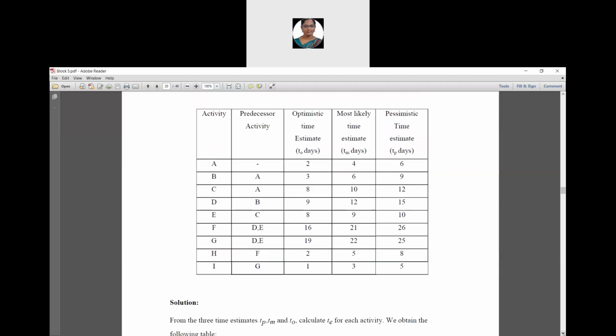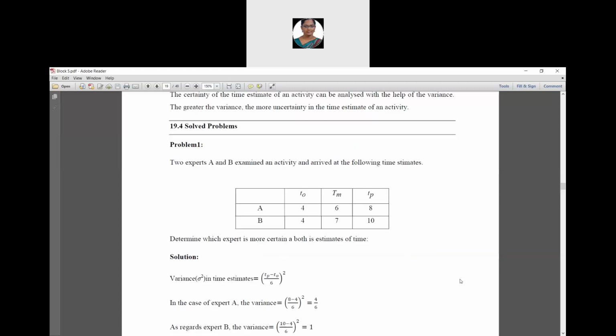For that, first we are going to find the time estimate for each activity by using these 3 time estimate values. For that, we are going to obtain the table first.